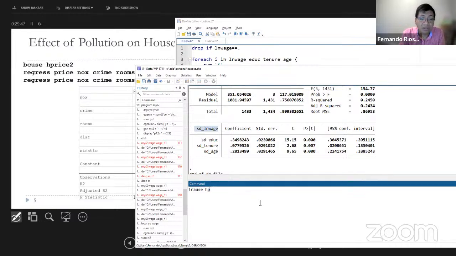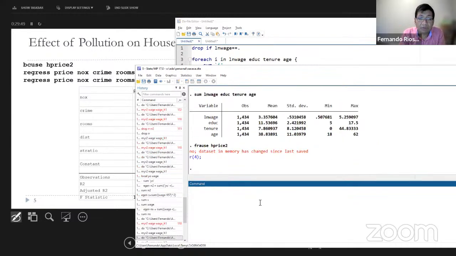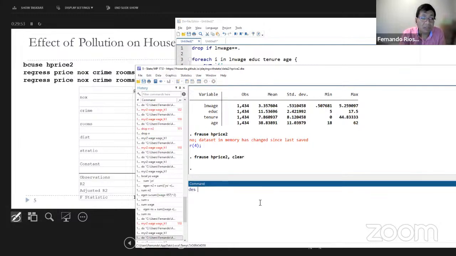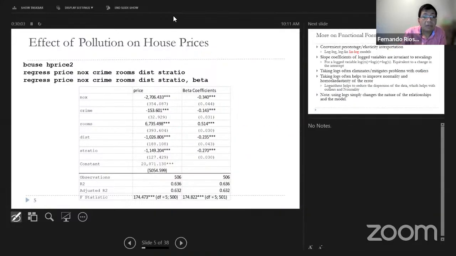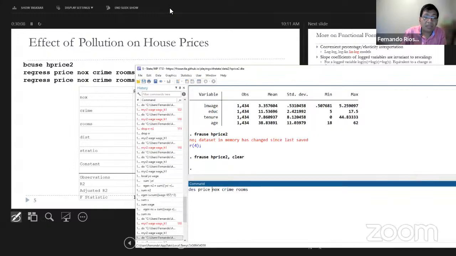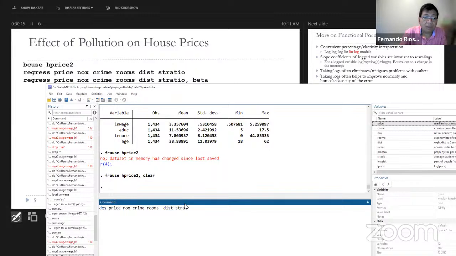describe nox, price, crime, rooms, distance, and stratio.